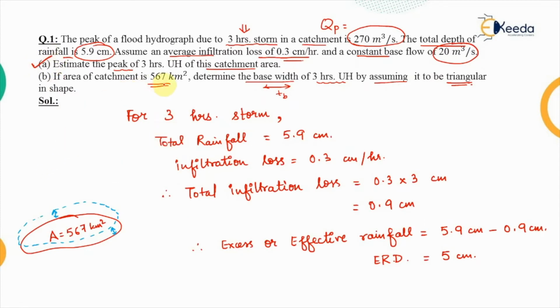Now in the next step, it has been given to us that the unit hydrograph for the 3 hours that we are getting, we have to assume it to be a triangular hydrograph, plotting that. So this will be the discharge and this will be the duration. So this is duration T and this is discharge on the y-axis.